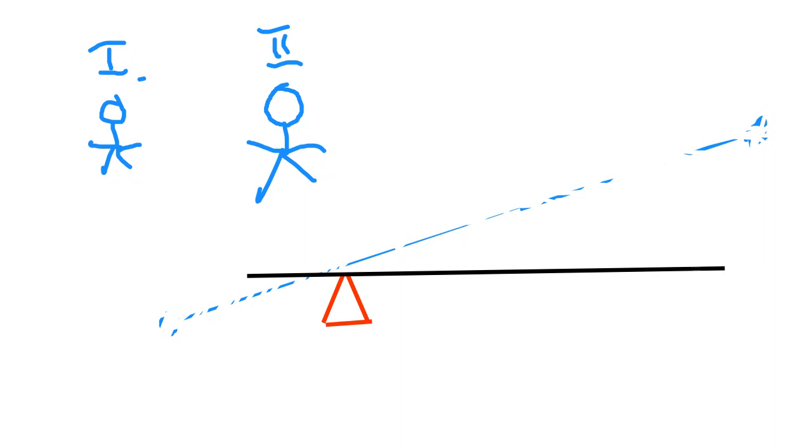So one kid's going to sit on one end and the other kid on the other end. I have a little kid, kid 1, and a big kid, kid 2.